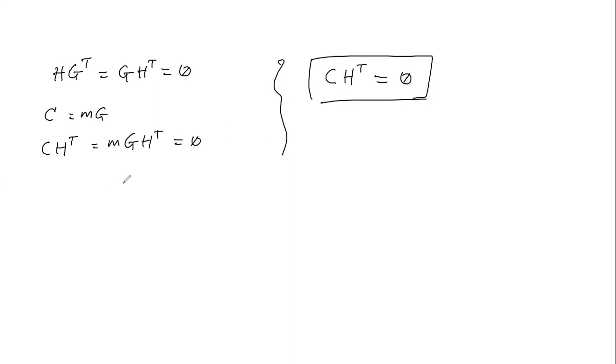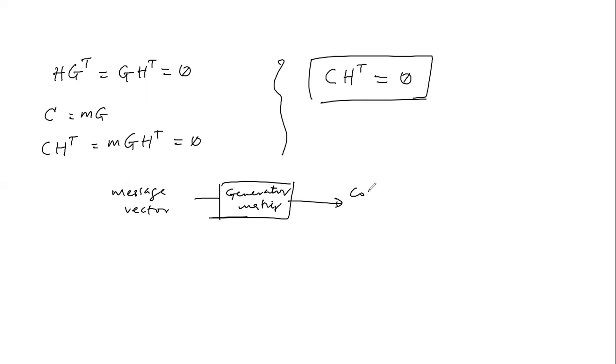So intuitively, when we have the message vector sent into the generator matrix, then we are going to have the code vector or code word, right?